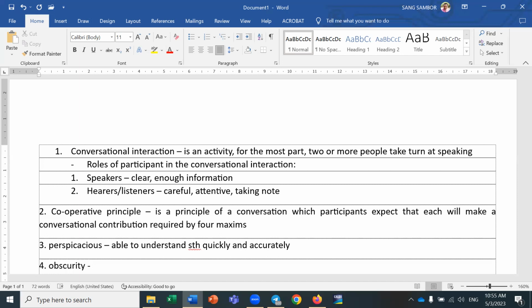Obscurity is when something is not clear or difficult to understand.